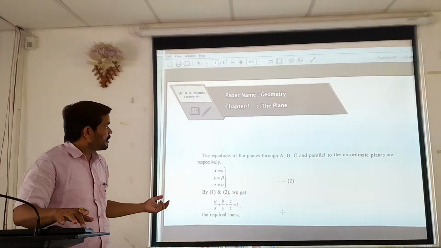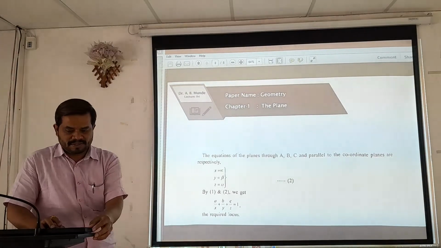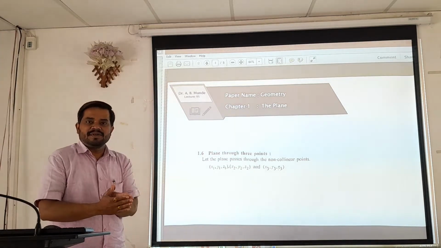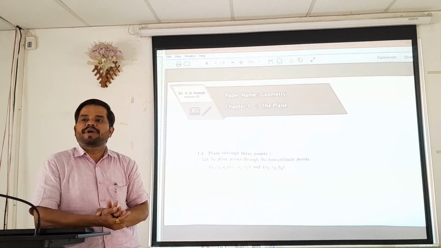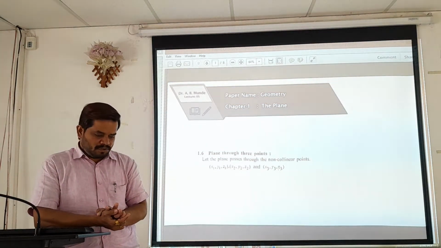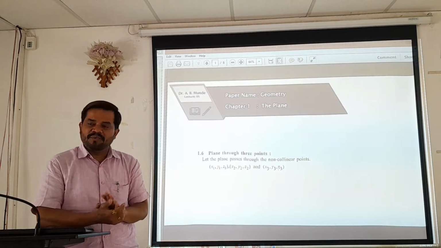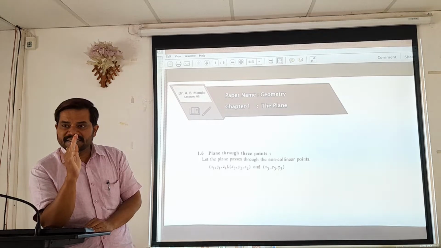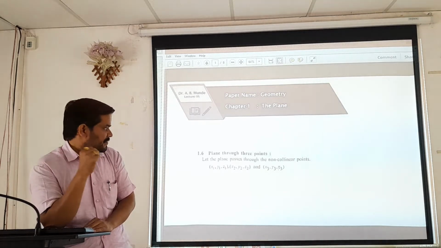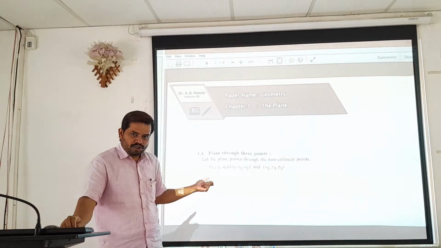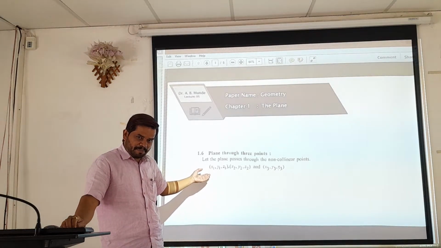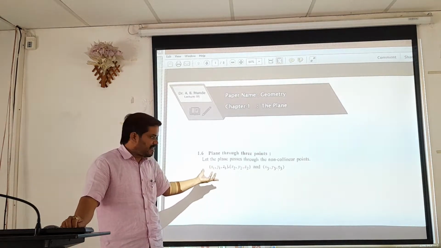Now look at the next concept, and it is the plane through 3 points. We have to find the equation of a plane passing through 3 points.